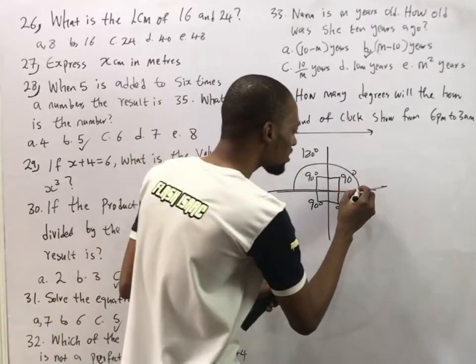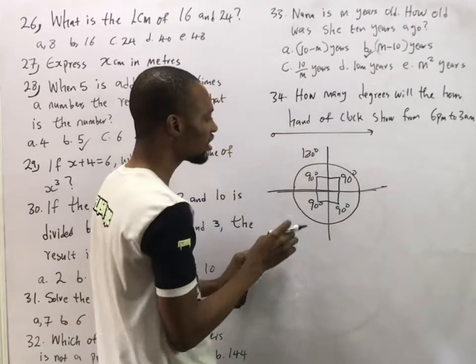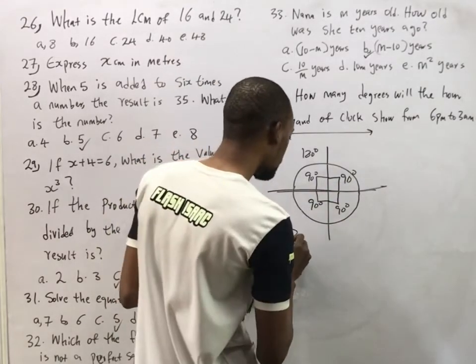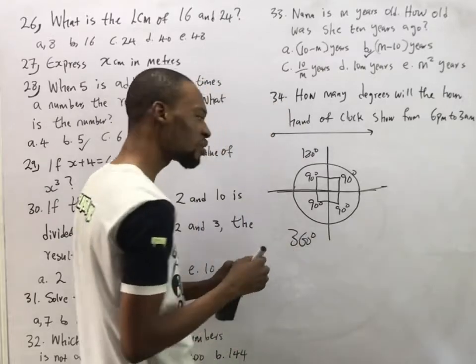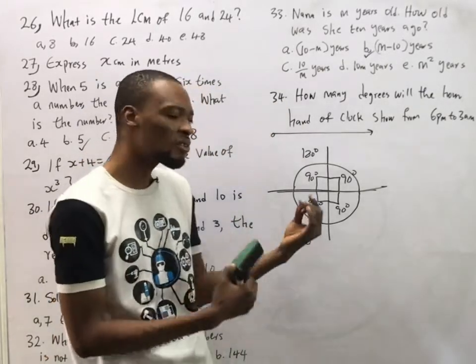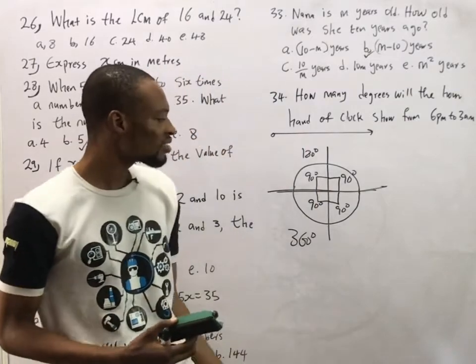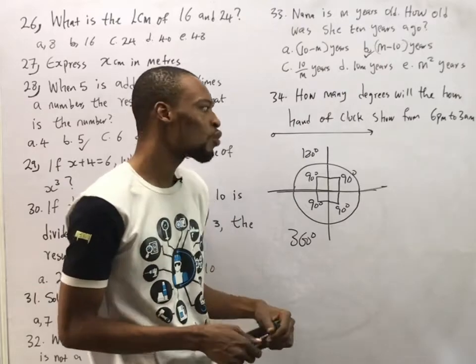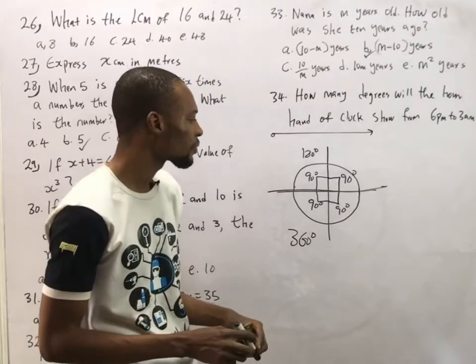Now, the complete circle is simply 90 plus 90 plus 90 plus 90, which is 360 degrees. So the sum of angles in a circle is 360 degrees. The angle in a triangle is 180 degrees.